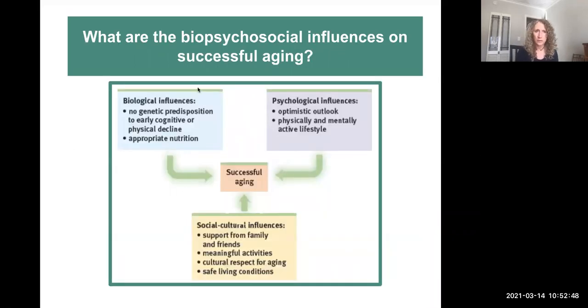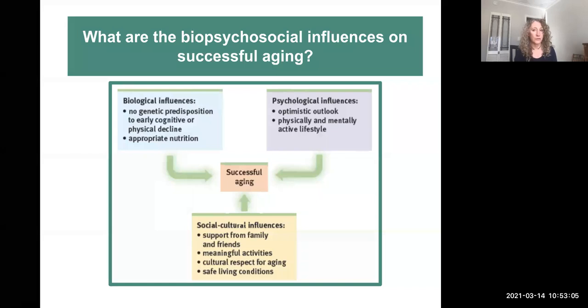Everything that we talk about throughout the year, we always want to go back to this common theme that there are many, many variables that come into play that show the complexity of us as human beings. We have biological influences that are going to affect aging. We have psychological influences. And then we have social cultural influences.